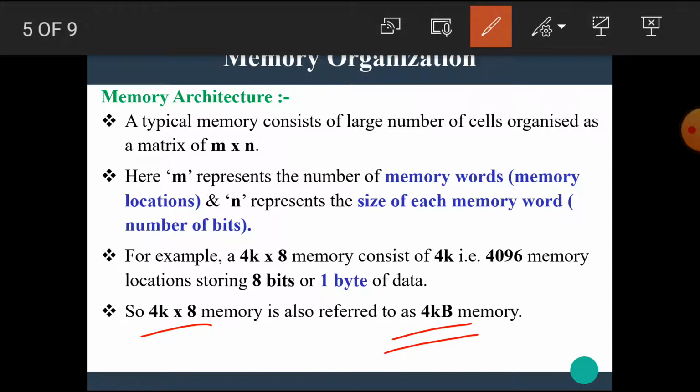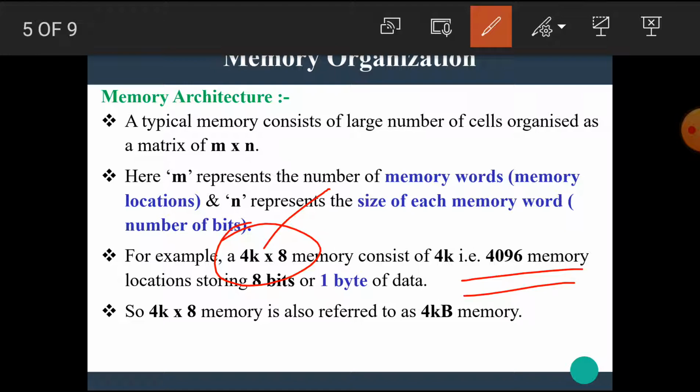Let's see once again. Here the M by N memory means M represents the number of memory locations and N represents the number of bits. In this example, 4K by 8, 4K are the memory locations. That means there are 4096 memory locations, and 8 is the number of bits.